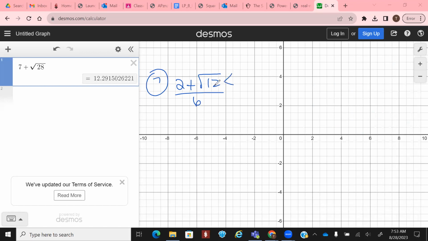So what can I break 12 down into? 6 and 2. Yeah. And then what can I break 6 down into? Okay. Since there's a 2 that repeats, I'm going to rewrite it like this. 2 plus 2 square root of 3 divided by 6.